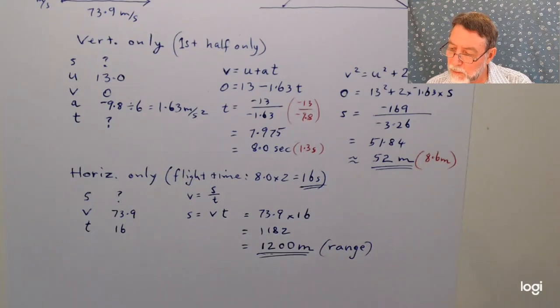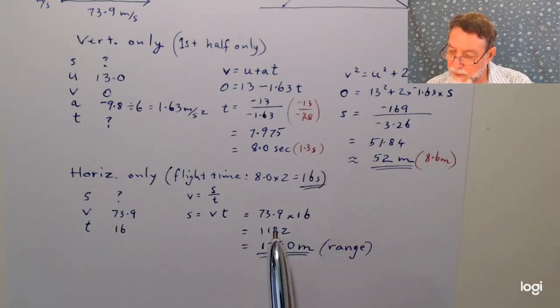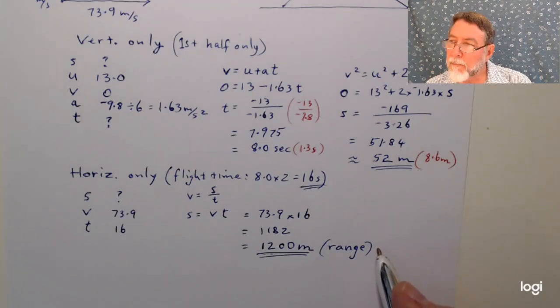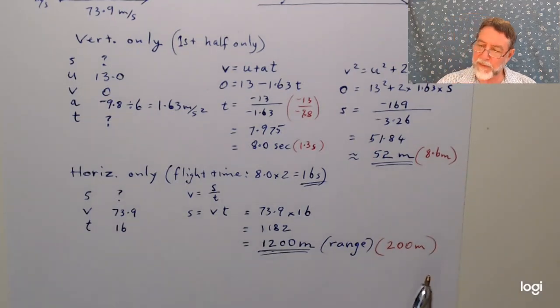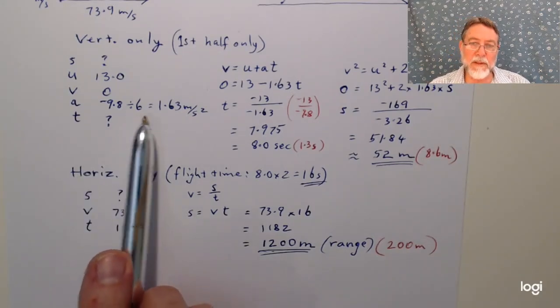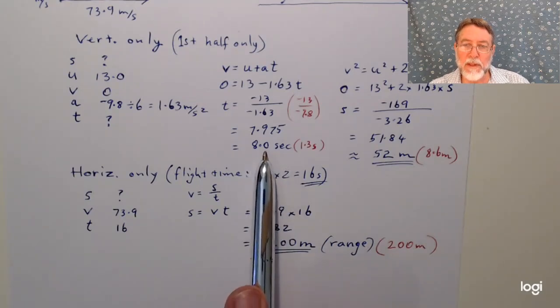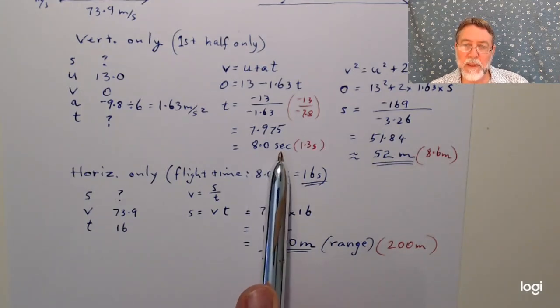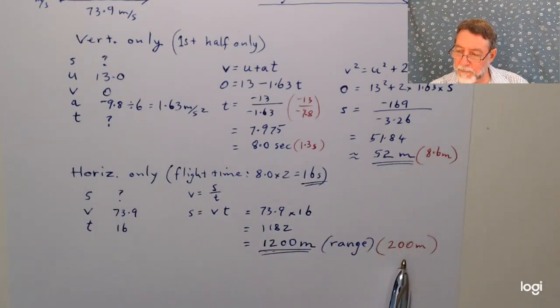If you now multiply the twice this, so that 2.6 seconds by that there, you'll get about 200 meters as the range on the Earth. So you can see that that's that factor of 6. Acceleration is a sixth, and it leads to, on the moon, 6 seconds long, 6 times as much time in the air, goes 6 times higher, and it goes 6 times as far. So it does turn out to be that simple.